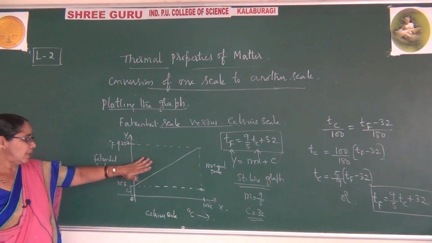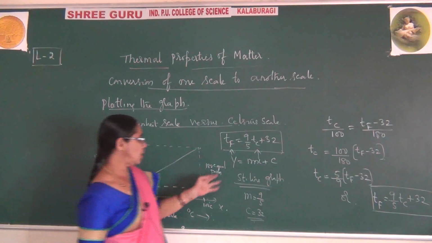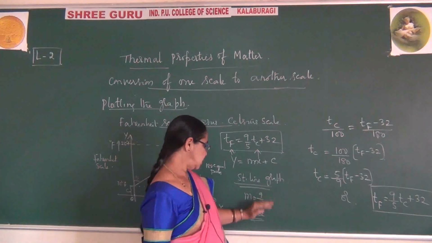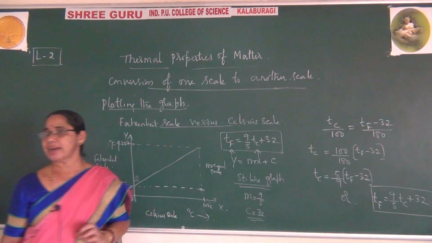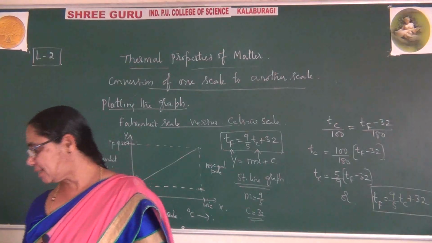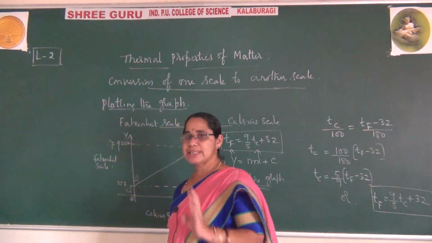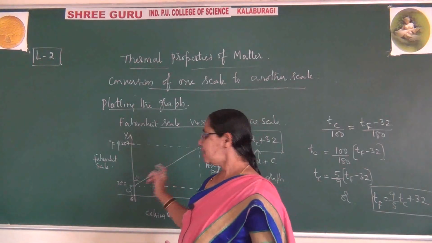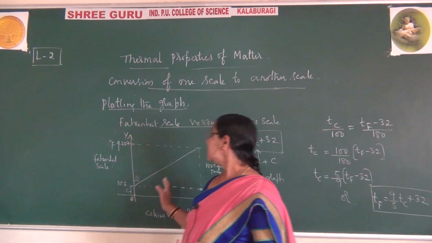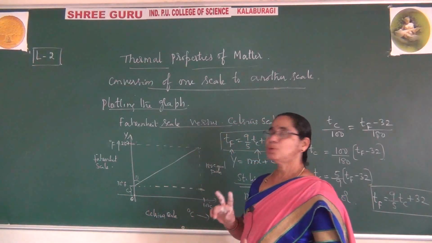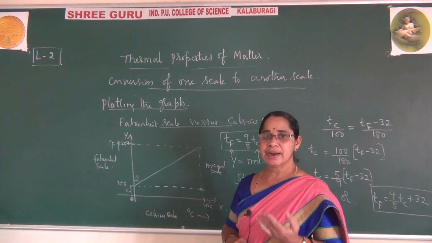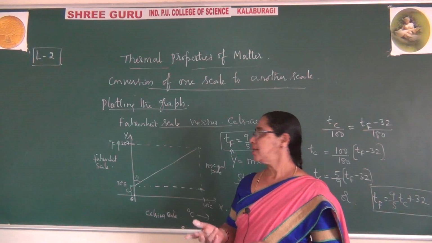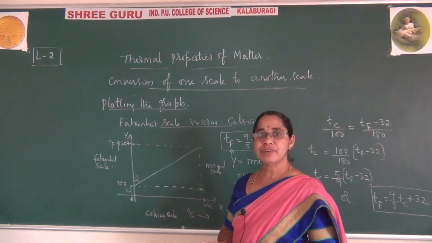So we have learned the graph, and also learned how the formula compares to a straight line graph. Today we have learned a very important concept, temperature. We have learned what temperature is and how to measure it. Along with that we have learned the two thermometric scales, Celsius scale and Fahrenheit scale, and the two fixed points and how to select them.